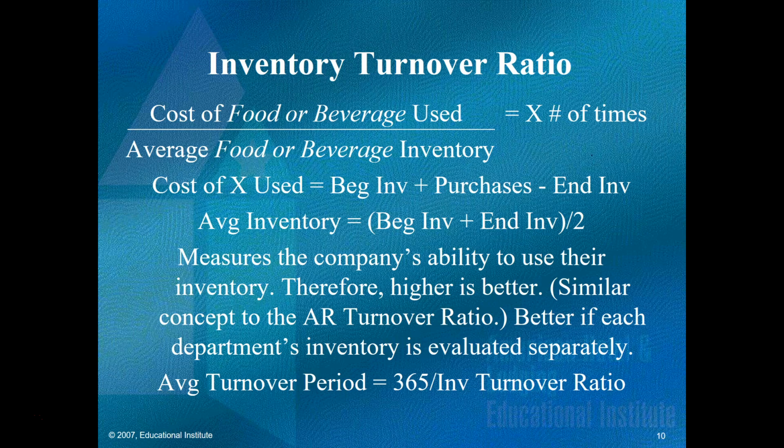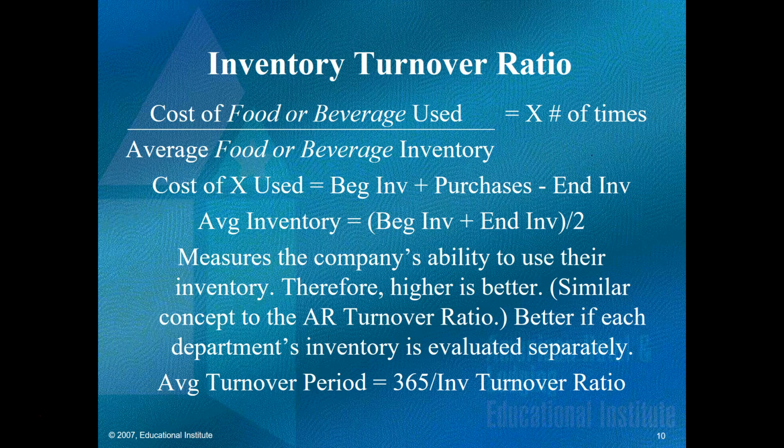Okay? Now think, in the restaurant industry, food inventory, give me an idea. How many times per year do you think that the arrival of the inventory to the sale should take place? How many times a year do you think? You know this. All right.